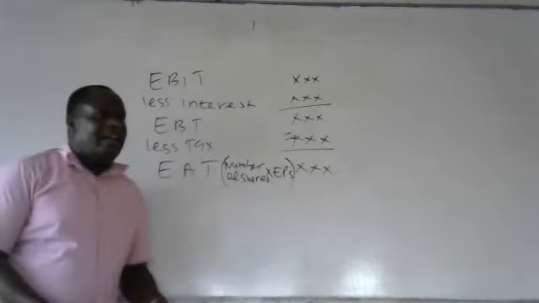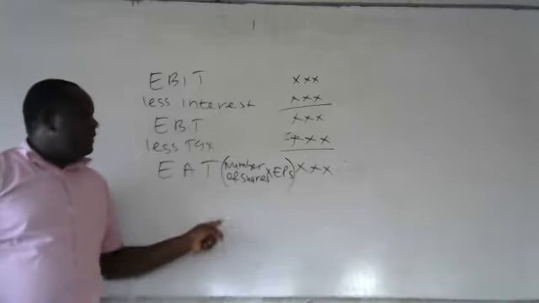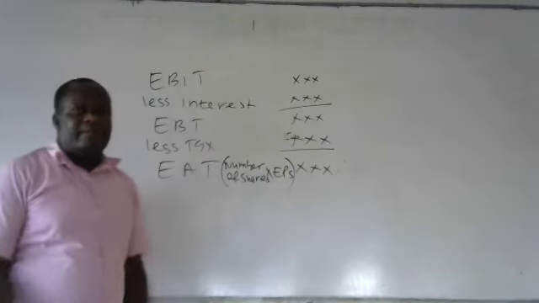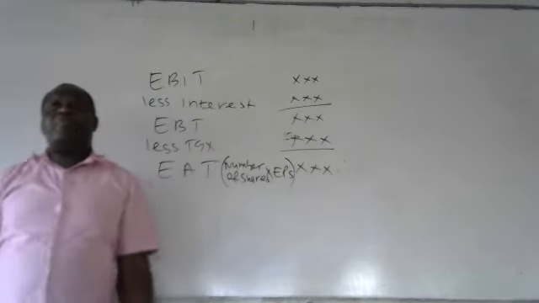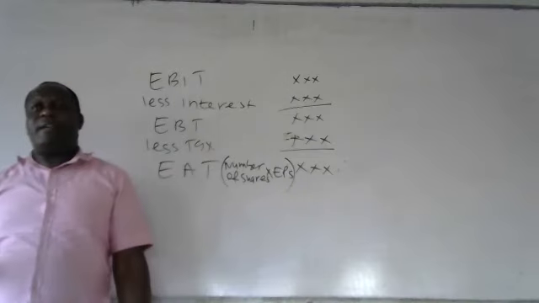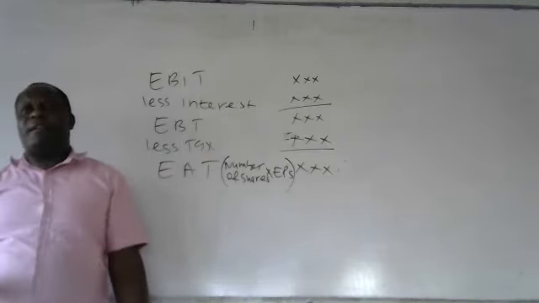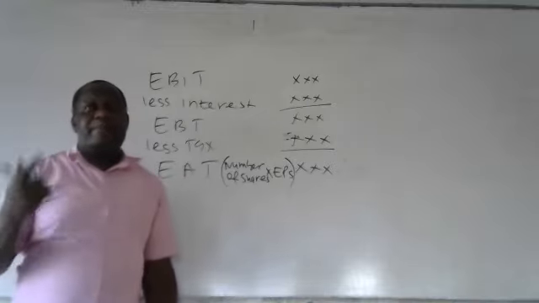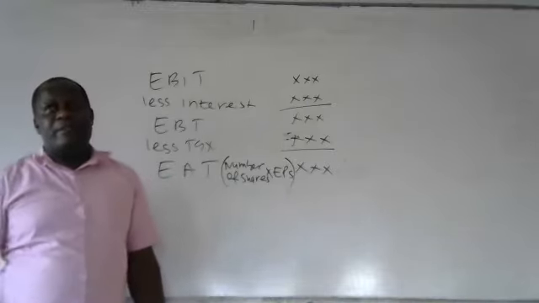So to get the earnings after tax, simply take the number of the shares multiplied by what? Earning per share. That's now your earnings after the tax. Earning per share is after the tax. To get the total earnings, simply take the earning per share multiplied by the number of the ordinary shares.